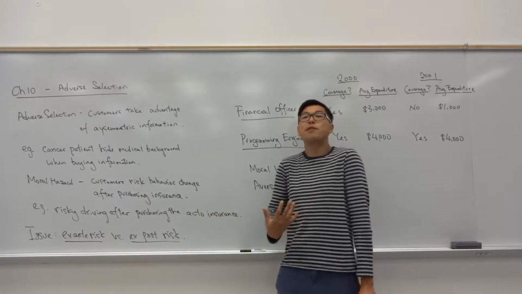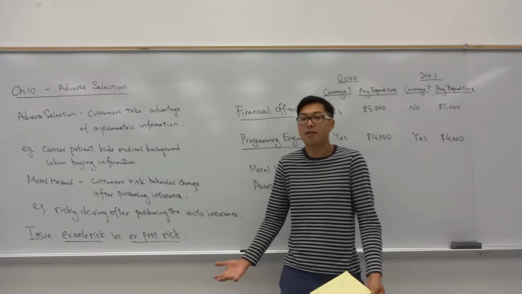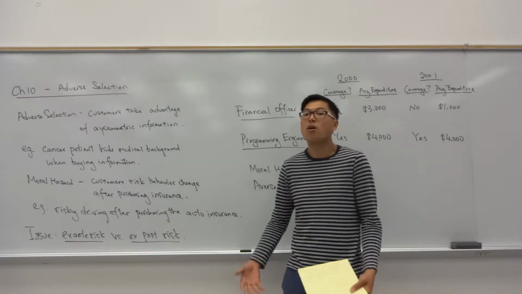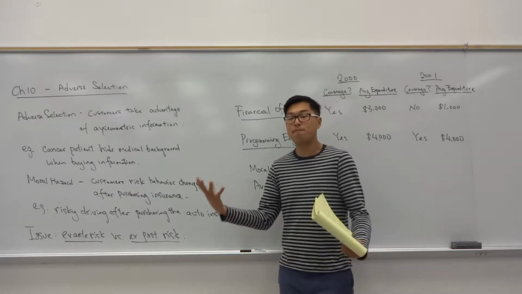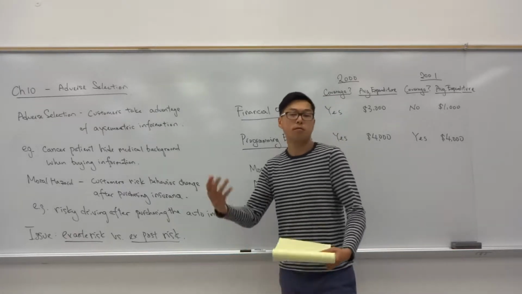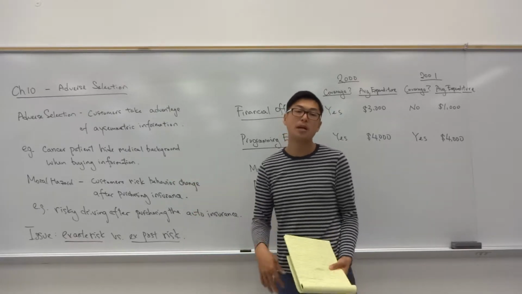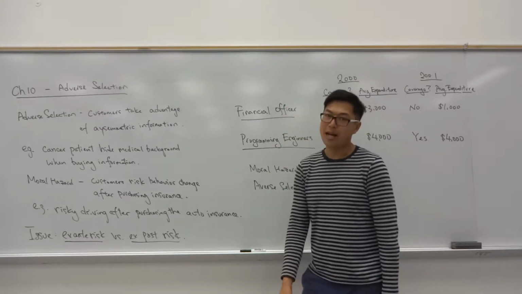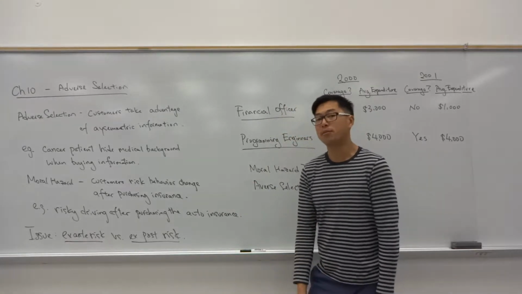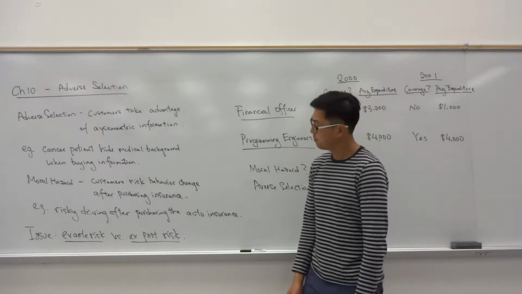So I will feel a little bit more comfortable eating more high caloric, very tasty, oily, greasy foods in order to make myself happy when I'm eating it, because I don't have to worry about the consequences that come after. So moral hazard also happens, and it creates a lot of problems in the insurance market, which we are going to talk about in the next chapter.